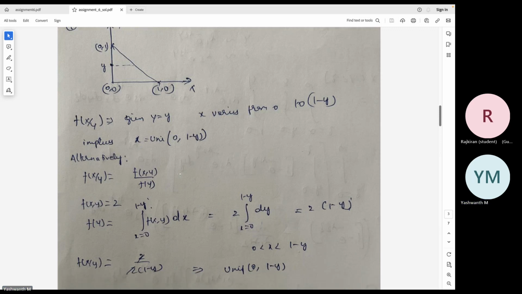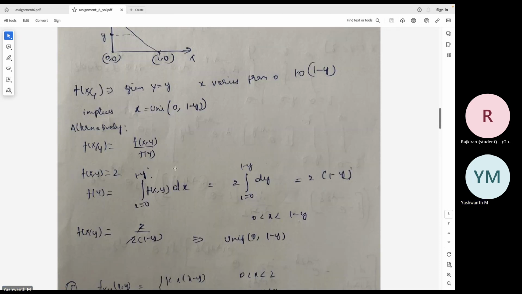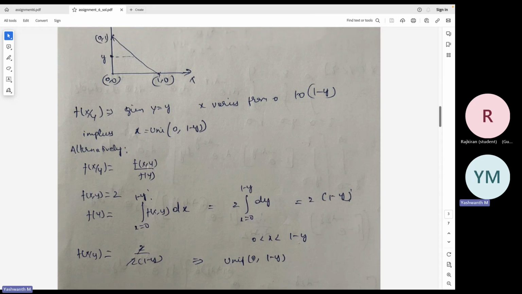Okay, so how do you do it by first principles? You want to find f of x given y, so that is f of x, y divided by f of y. What is f of x, y here? This is x, this is y, and in the third dimension you have f of x, y. What is the value of that? It will be 2, because the entire volume should sum to 1.